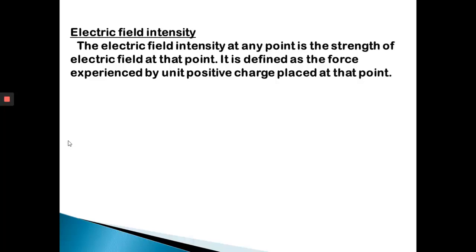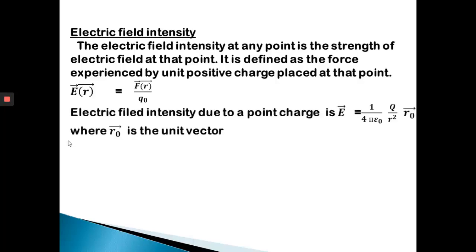How strong the electric field is, that is represented by the electric field intensity. So how will we calculate this electric field intensity? It is the force acting per unit positive charge, or unit charge, that is called electric field intensity. So we can represent electric field intensity as E equals F by Q0.